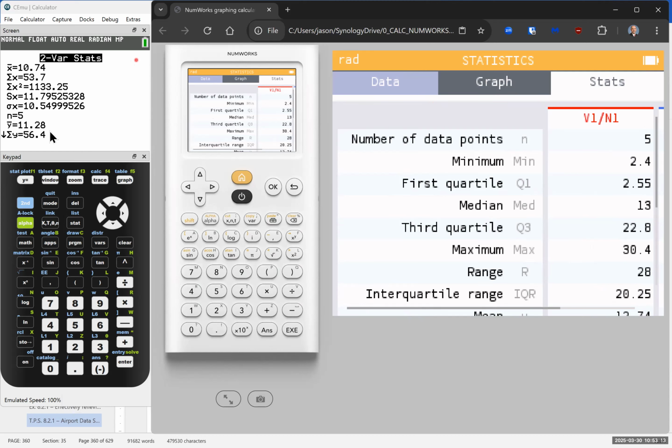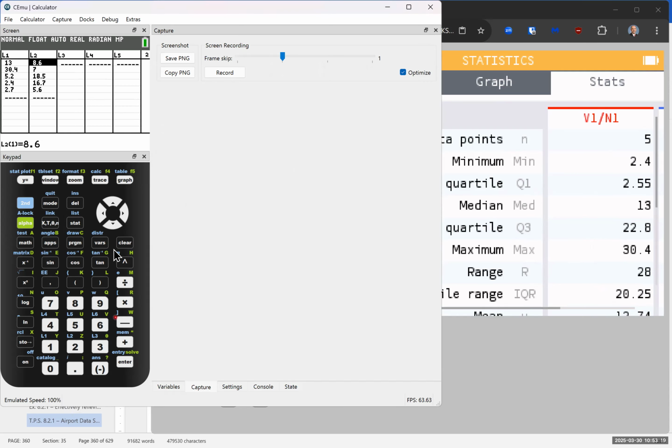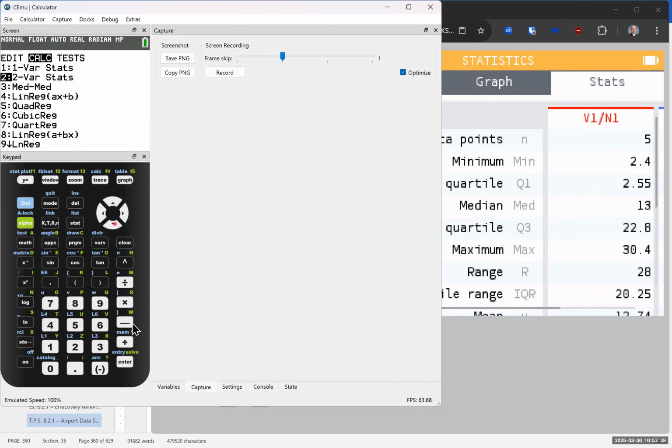Let me see if I made a mistake here. This third value should be 15.2. Now let's do two variable stats. Okay, now I've got parity between the two calculators.